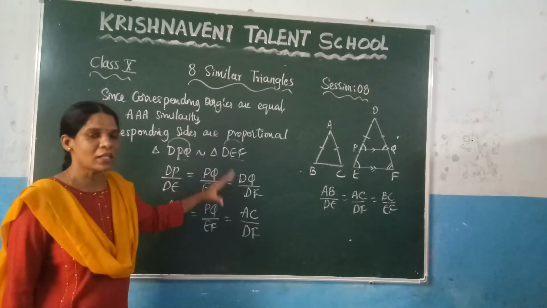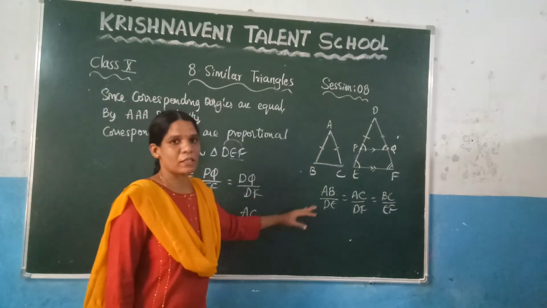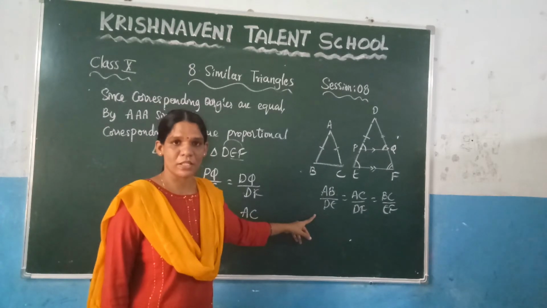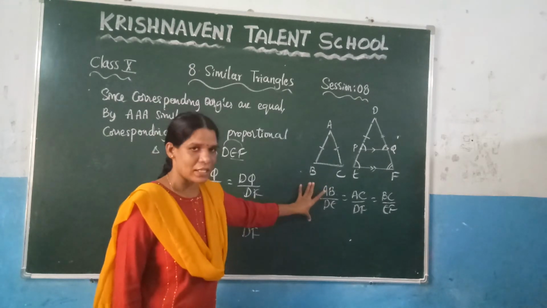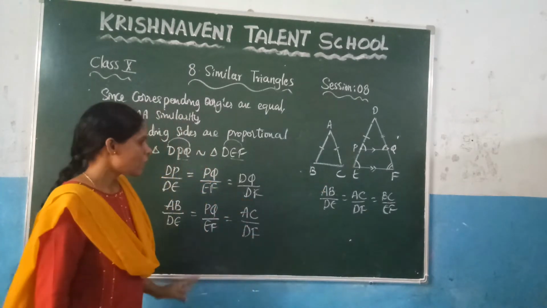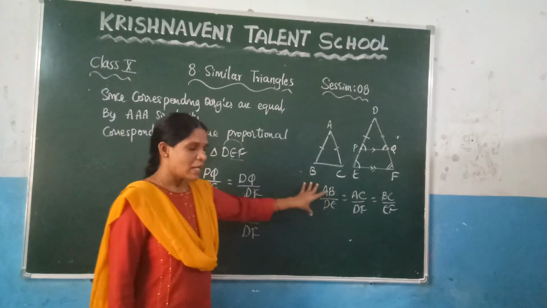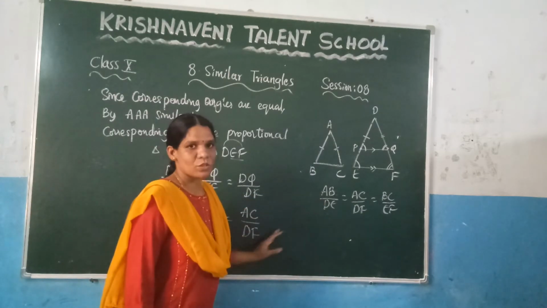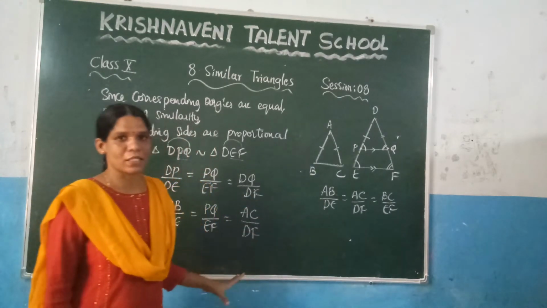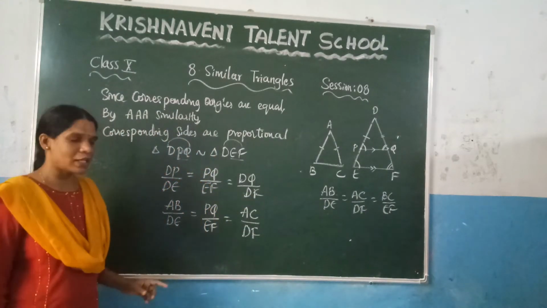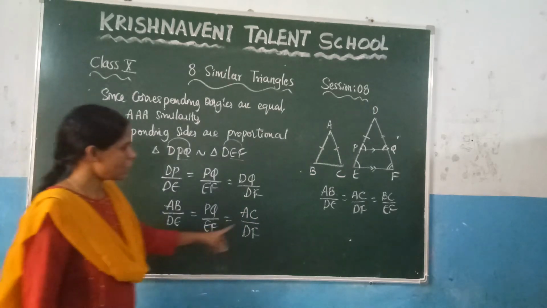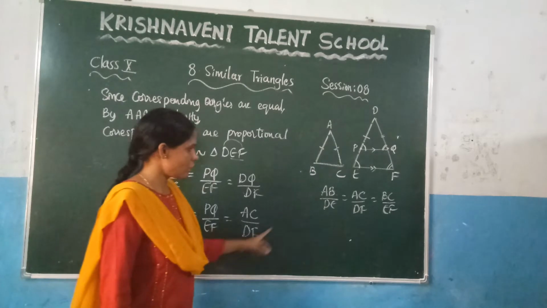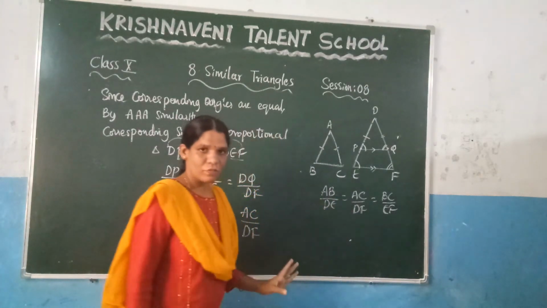We have started the theorem. In the proof of the theorem, we have written the first statement, which is nothing but the corresponding sides are proportional. They have given this condition, right? So now they have given this one, and here we have got this equation. Now you can compare these two equations. If you compare them clearly, you can observe that here AB by DE is there, here also AB by DE is there, and similarly here AC by DF is there, here also AC by DF is there.